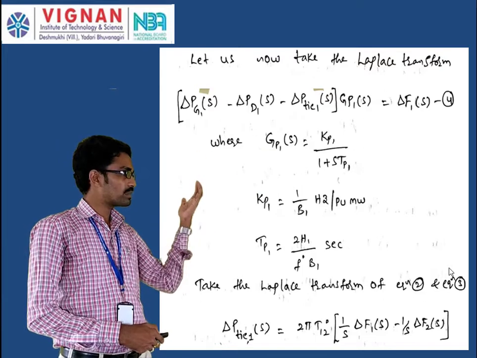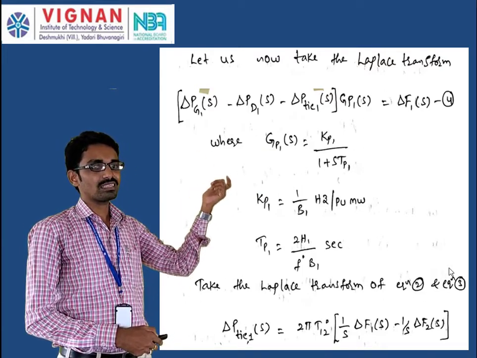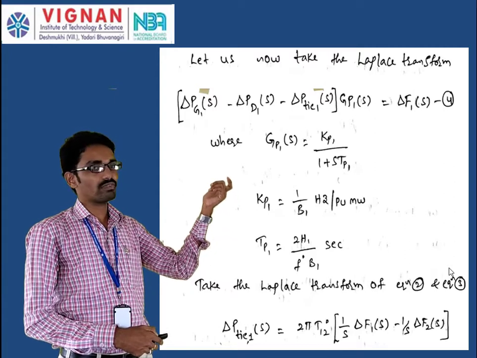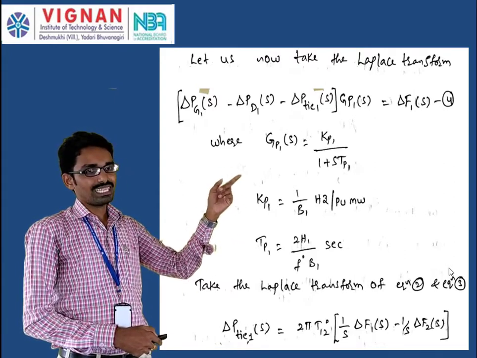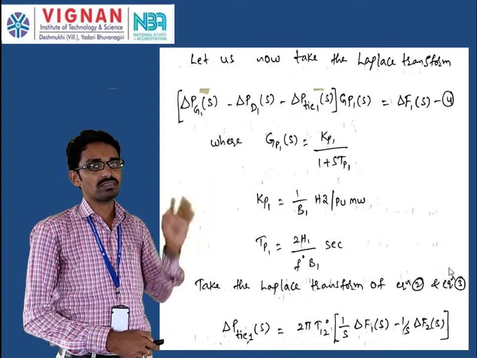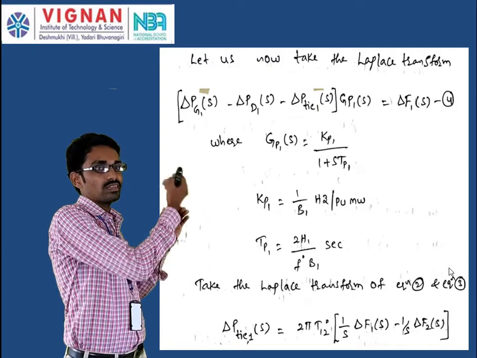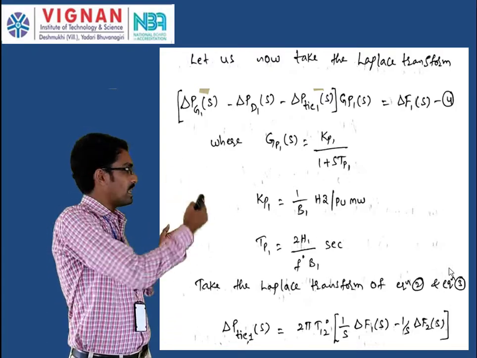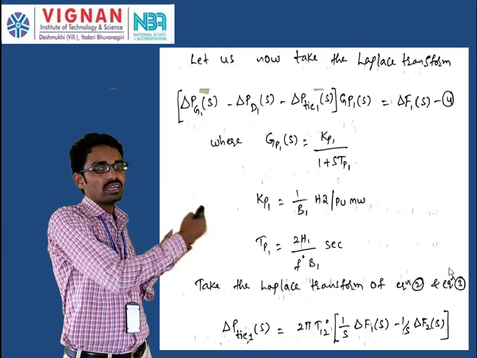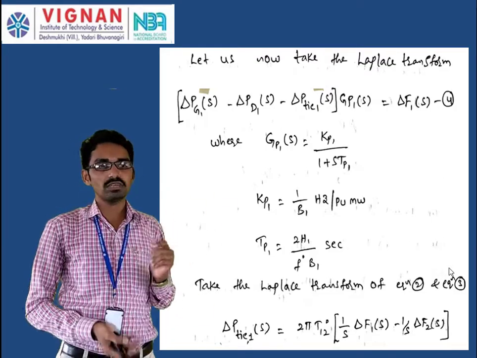I am taking delta P tie 1 of s to the left hand side, so you get minus delta P tie 1 of s, into Gp1 of s is equal to delta F1 of s. How do you get this? I am considering Gp1 of s equal to Kp1 by 1 plus sTp1, where Kp1 is equal to 1 by B1 and Tp1 is equal to 2H1 by F0 B1.